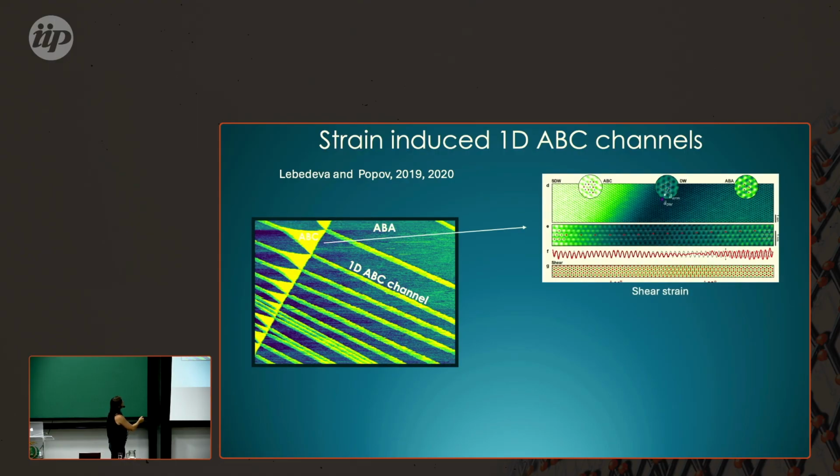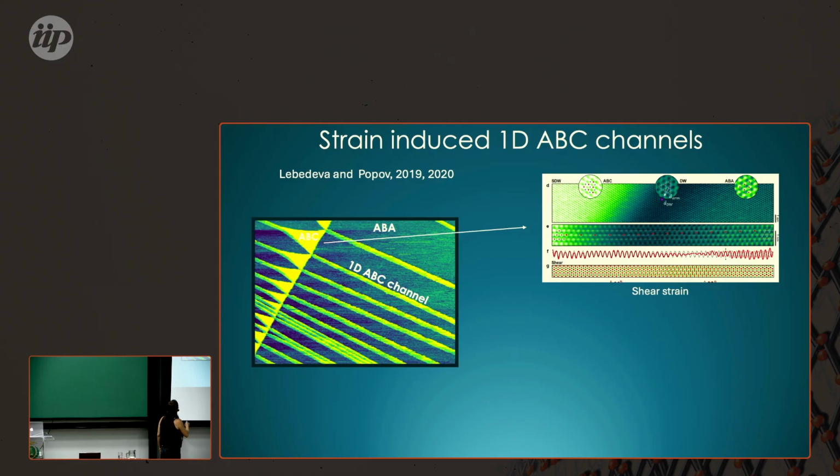So let's start with this. This is the boundary between an ABC and an ABA. We have different ways to estimate the strain just from looking at the movement of the atoms from their equilibrium position. Here we can see that we have a shear strain.